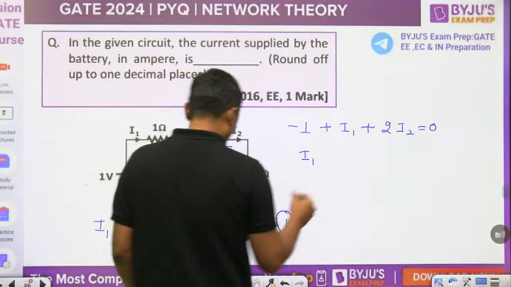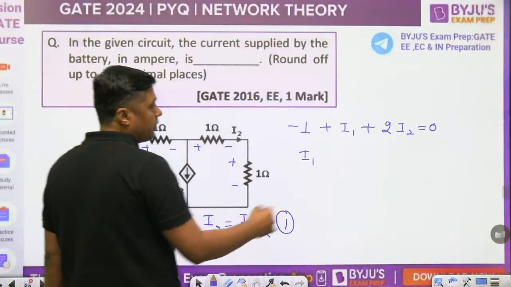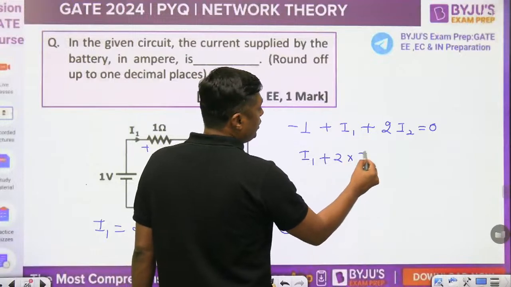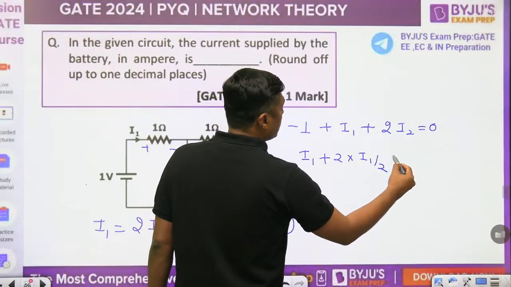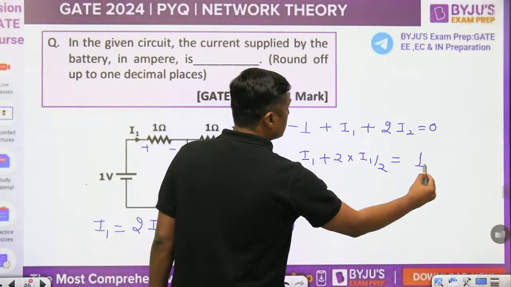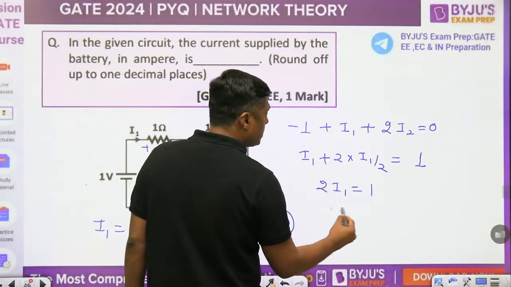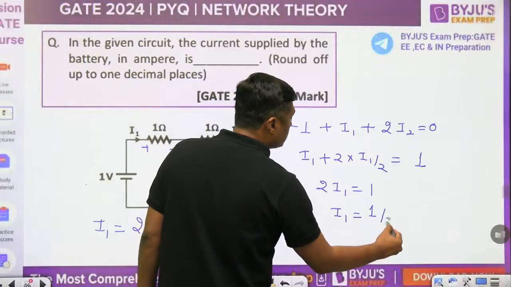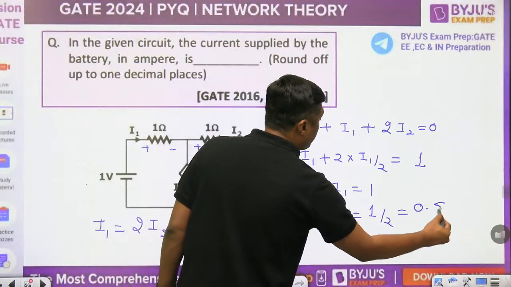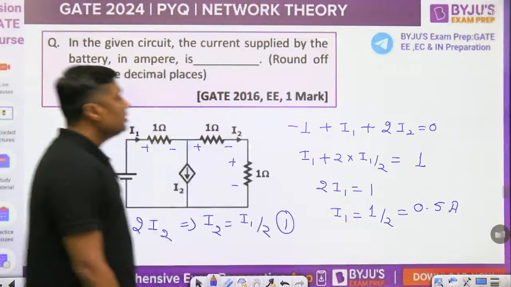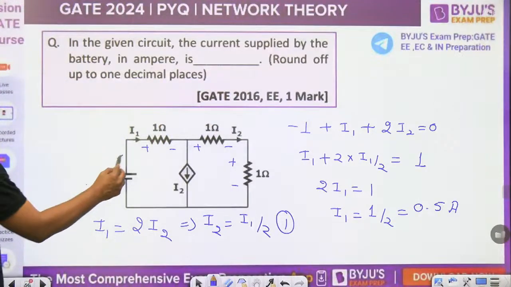I2 is I1 by 2. 2 into I1 by 2 is equal to I1, the 2 cancels. So I1 is equal to 1 by 2, that is nothing but 0.5 ampere. So the current given by this battery is 0.5 ampere.